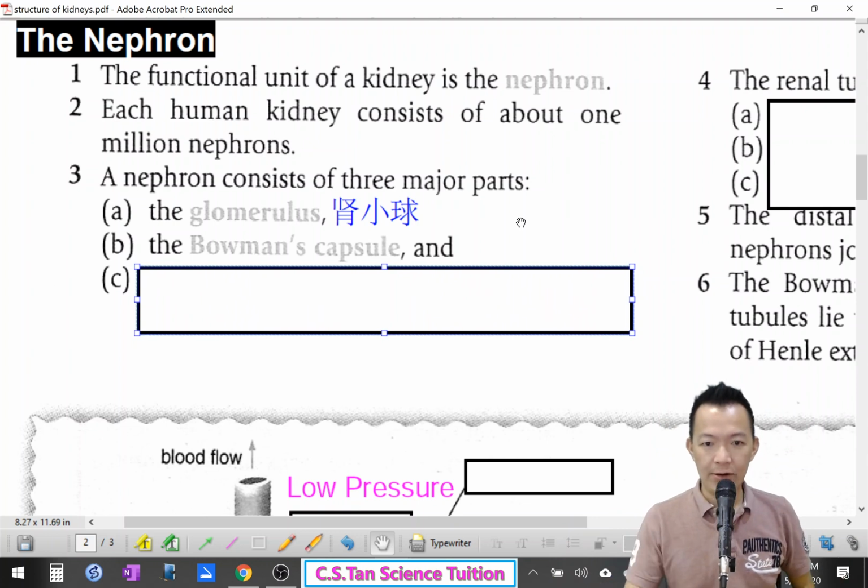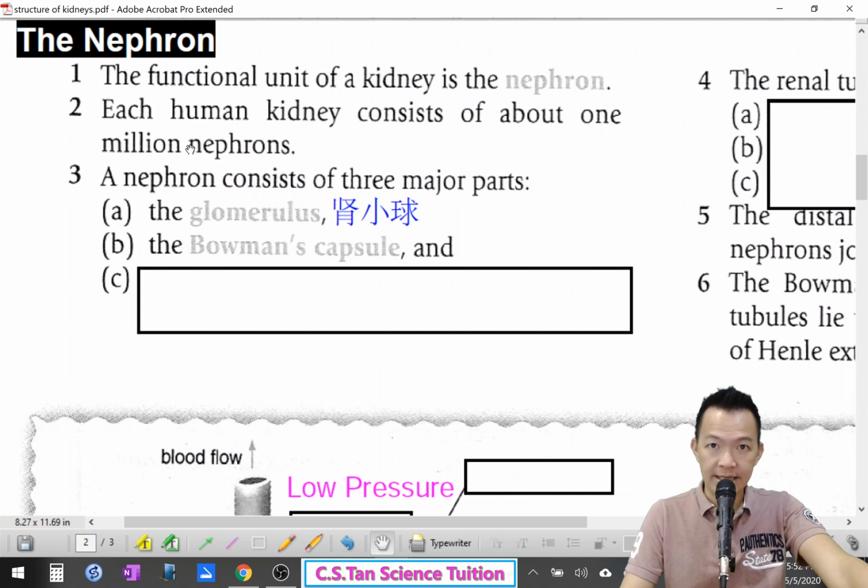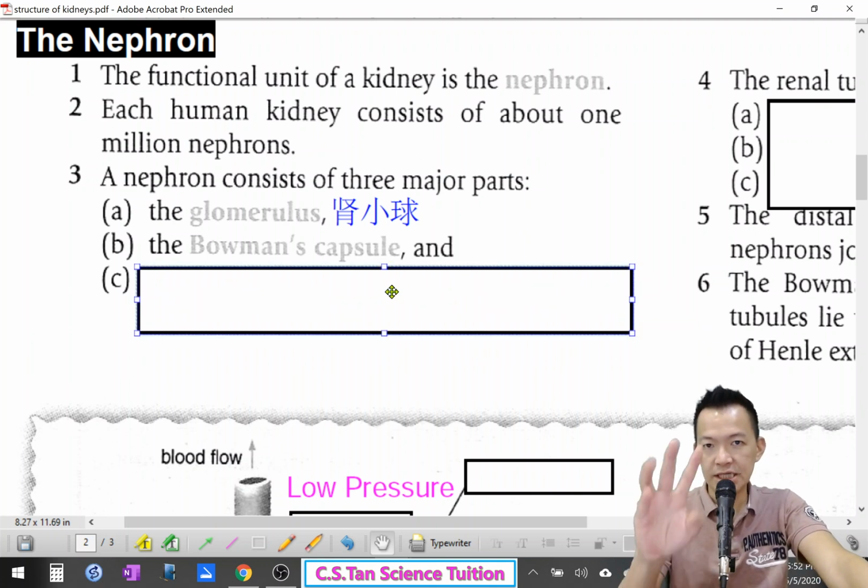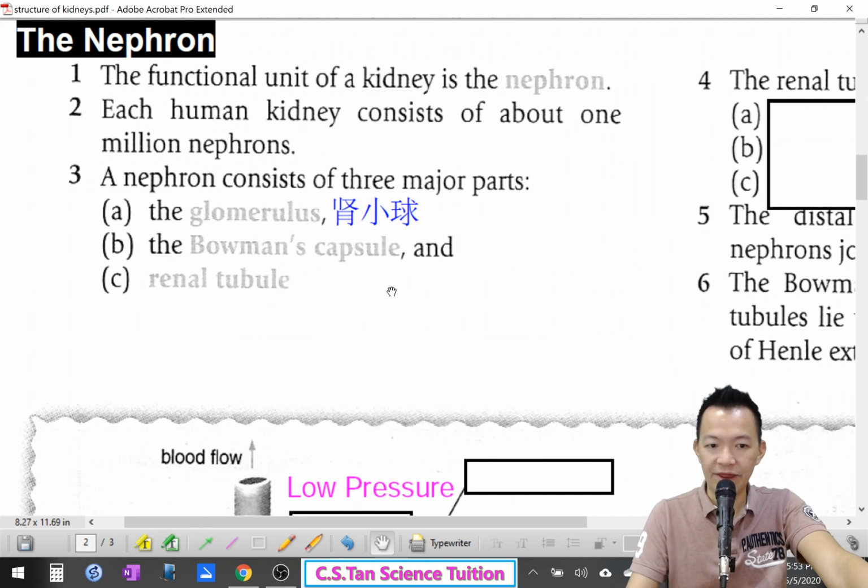总是要一个好开始嘛. And beside the Bowman capsule, our nephron actually also consists of what? 还有什么东西呢？The third one, the renal tubules. Renal tubules 就是肾里面的管道，一大堆管道.